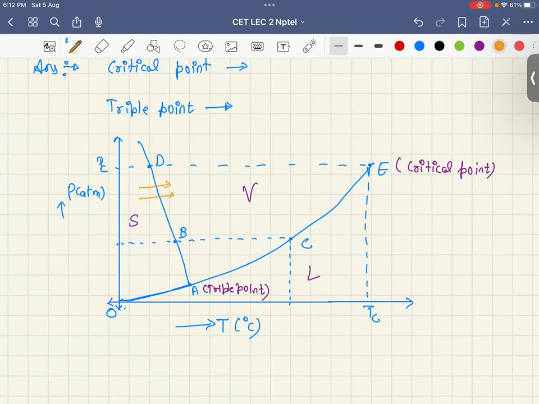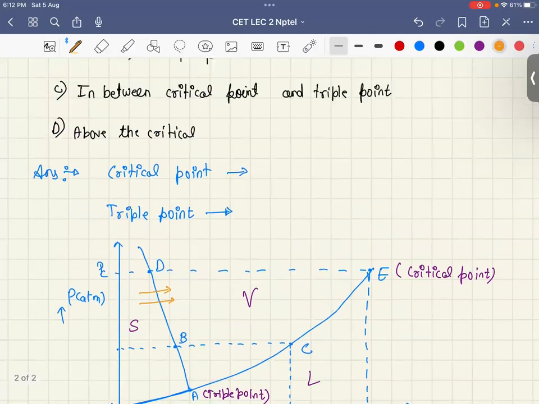So clearly, sublimation is solid to vapor.